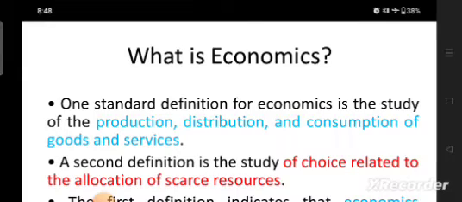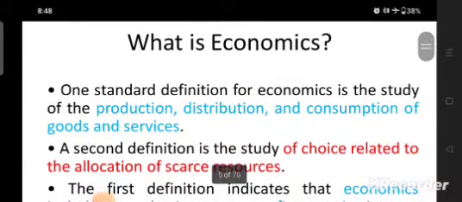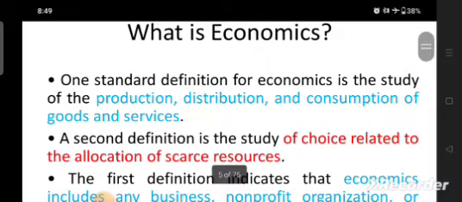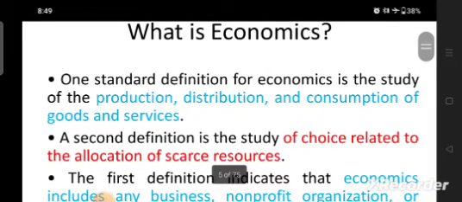Now let us see the definition of economics. One standard definition is that it is the study of the production, distribution and consumption of goods and services, in an organization or anywhere else. There are many definitions. Another defines economics as a body of knowledge that discusses how a society tries to solve the human problem of unlimited wants and scarce resources.